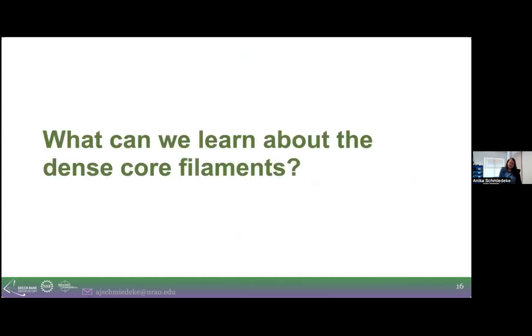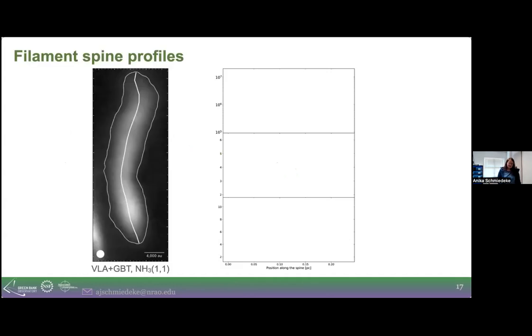Then I asked, okay, can we do something else with the data we have? We have really good quality data with very high sensitivity. Normally you do this averaging because you don't have that good signal to noise, or you need to average a lot of profiles to get the intensity profiles. So I went in and did the same exercise I just showed you, but not for the average profile, but for each individual profile.